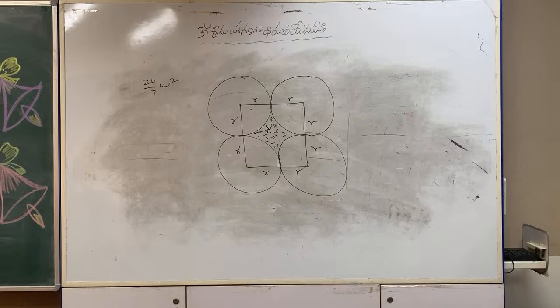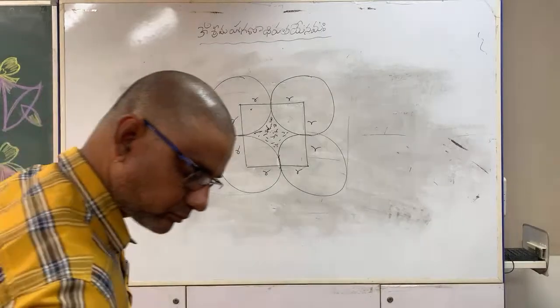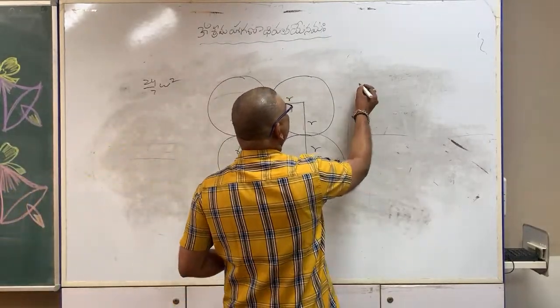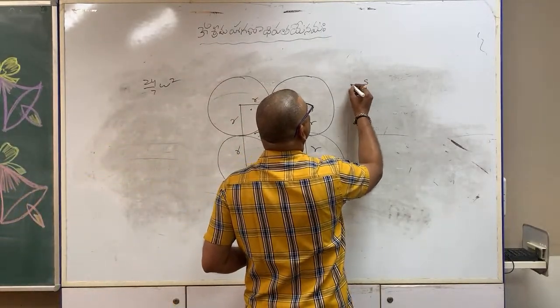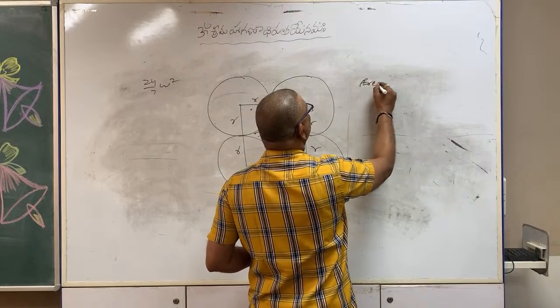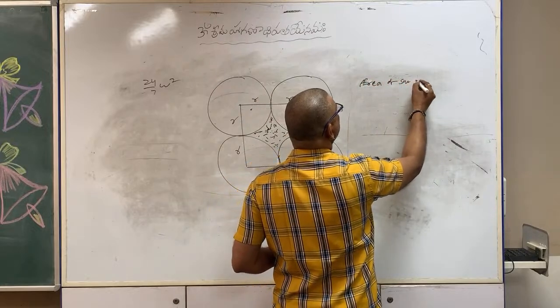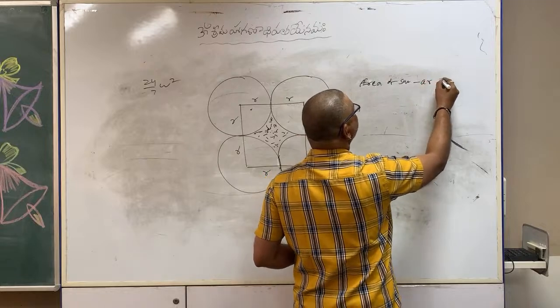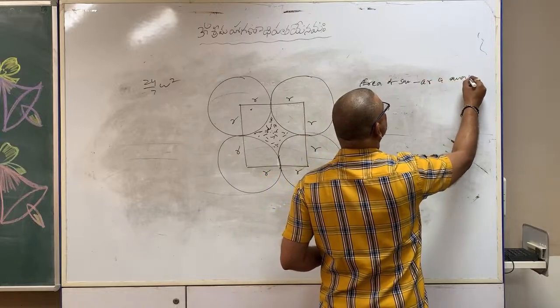Very good. Area of square, that is 2r into 2r, 4r square. Area of square minus area of 4 quadrants.